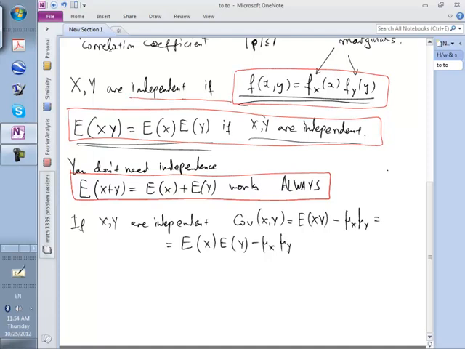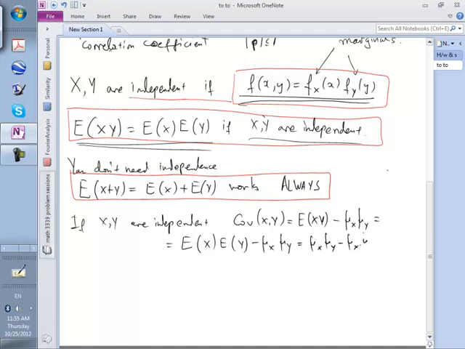Now, what is this equal to? Expected value of x is nothing else but the mean of x. Expected value of y is the mean of y. So this difference here is nothing else but 0.